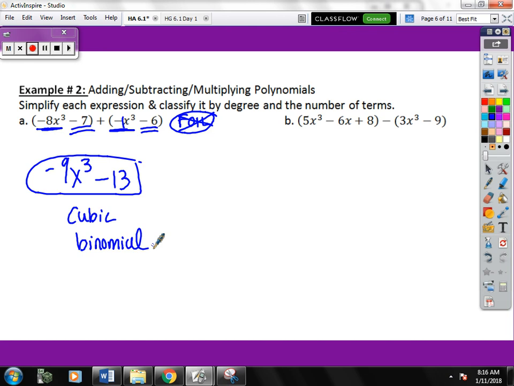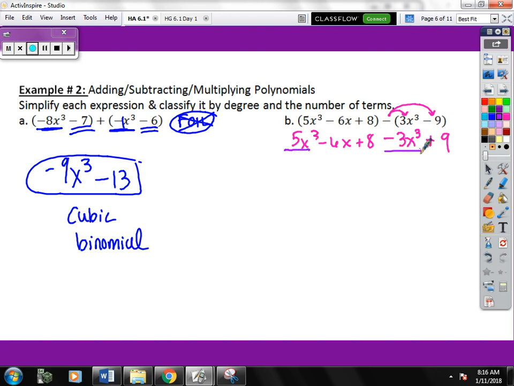Example B is subtracting. What do I have to remember to do when I subtract? Caleb? Good, you have to distribute that negative to change the sign of each thing in the second set. So this would become minus 3x cubed and plus 9. Everything else stays the same. Go ahead and combine your like terms.